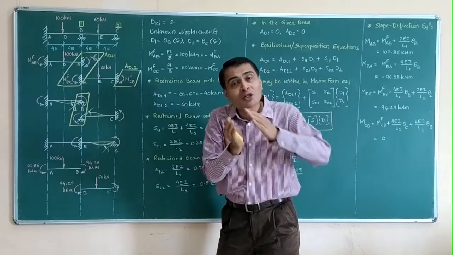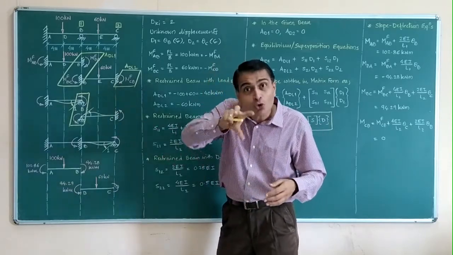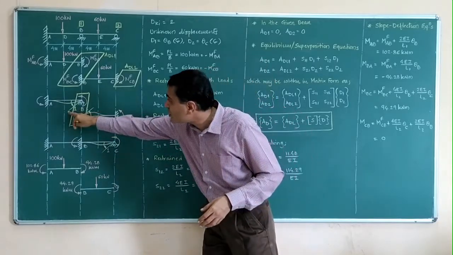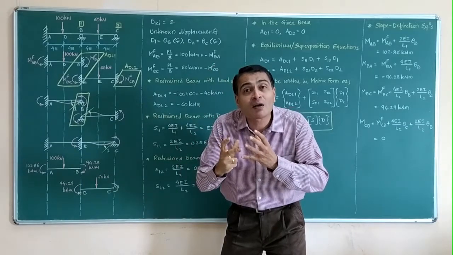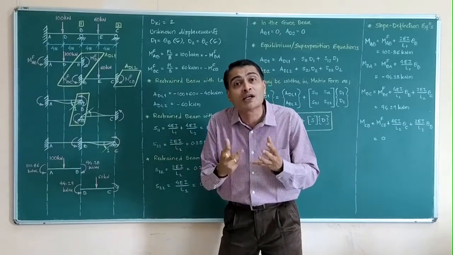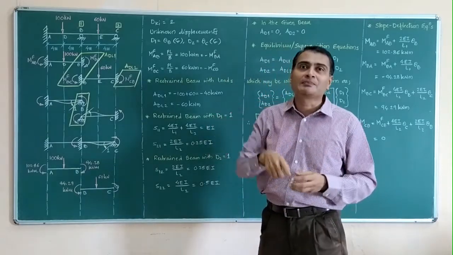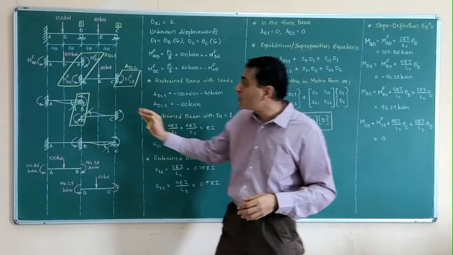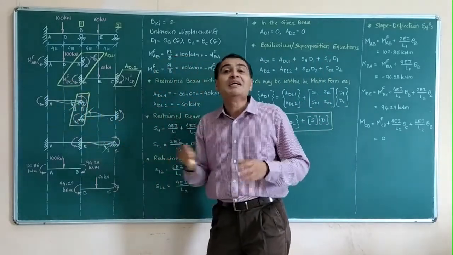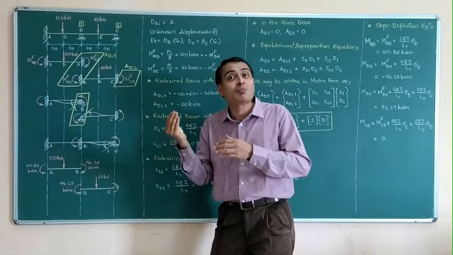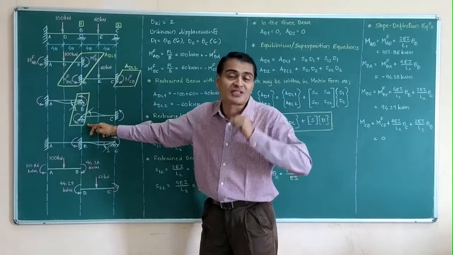To avoid confusion, I have shown separate drawings, AB portion and BC portion. But when I try to rotate B, there is going to be rotation here, there is going to be rotation here, and that much moment, 4EI upon L1 and 4EI upon L2, I am going to require to rotate that joint by unity. So my stiffness is not going to be just that corresponding to BA or that corresponding to BC. It will be for BA as well as BC. That means these two together will constitute stiffness.